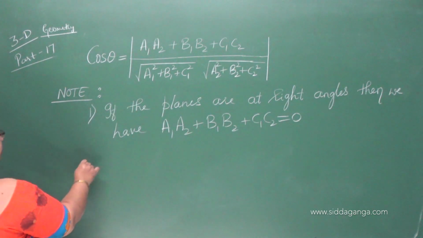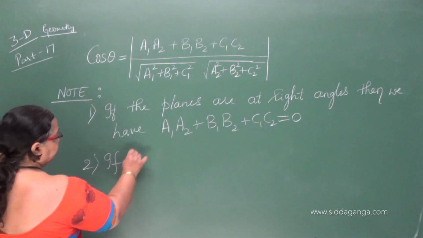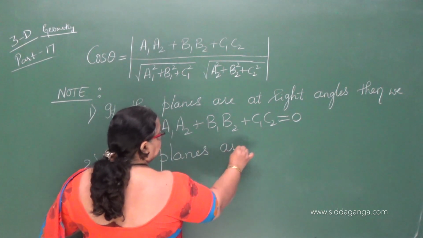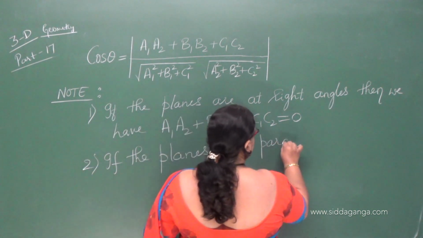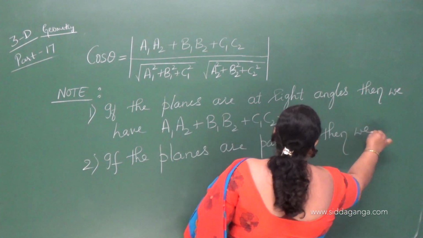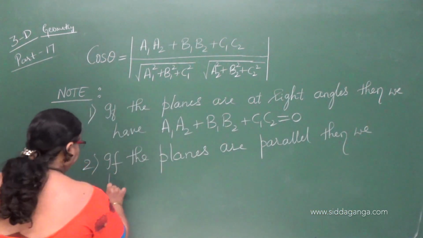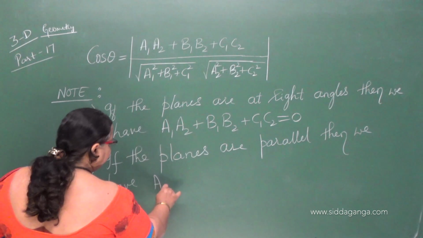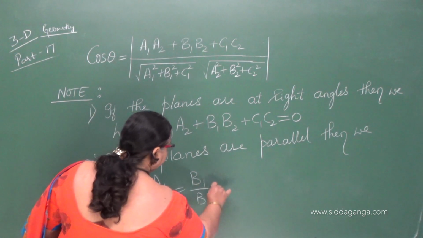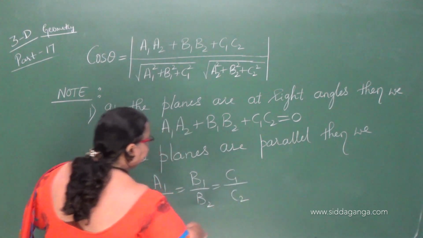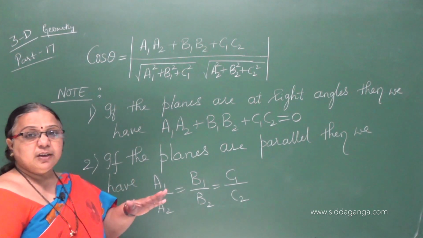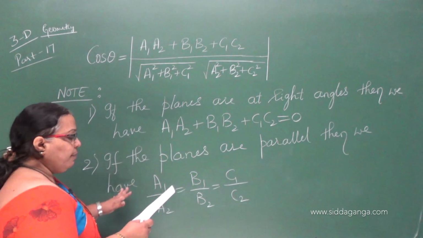Next, if the planes are parallel, then we have a1 by a2 equal to b1 by b2 equal to c1 divided by c2. That means the direction ratios of the normal vectors are proportional.